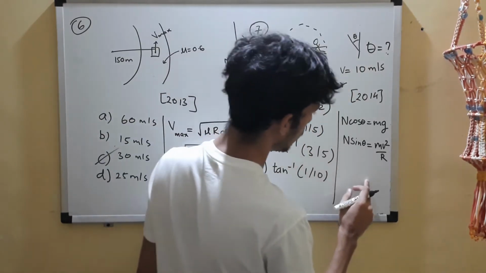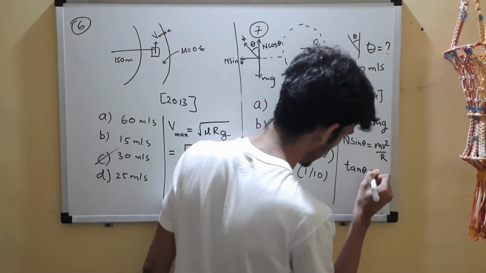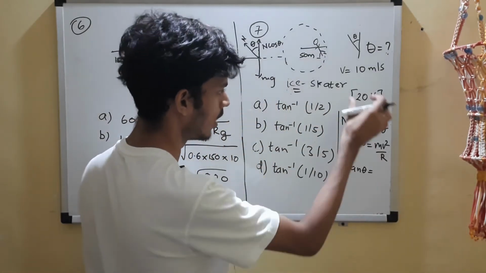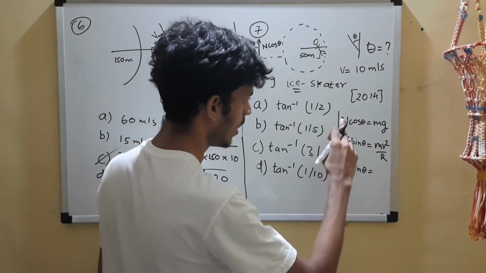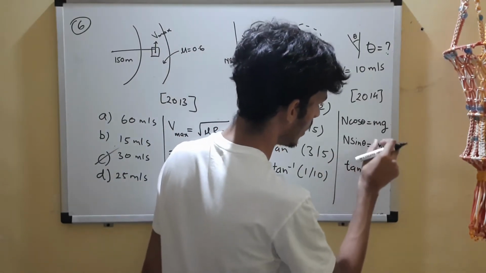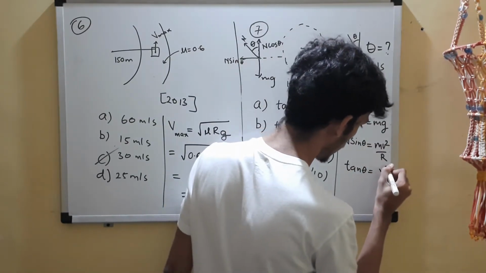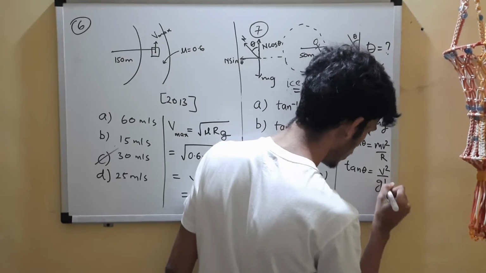So what we'll do, we'll divide this. Sine theta by cos theta will give us tan theta. I just divided the second one by the first one. So n gets cancelled. Sin theta by cos theta is tan theta, mv square by r upon mg. So m and m will get cancelled and you'll have v square by gr.